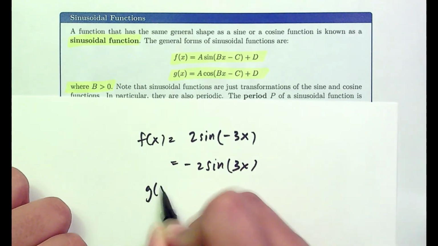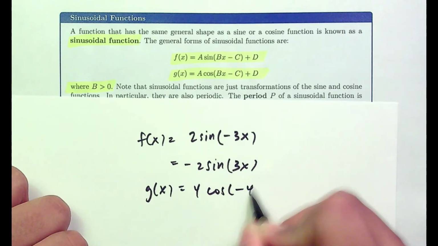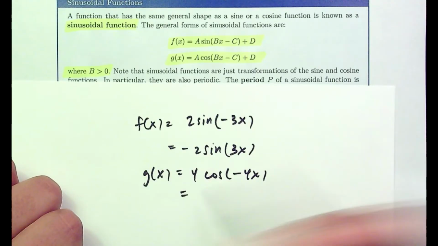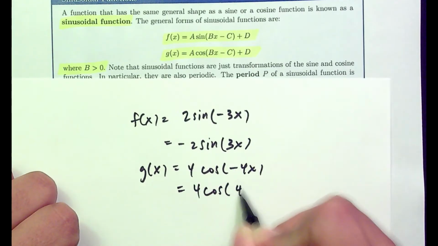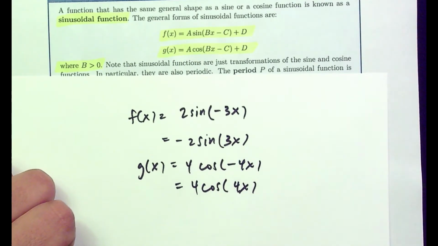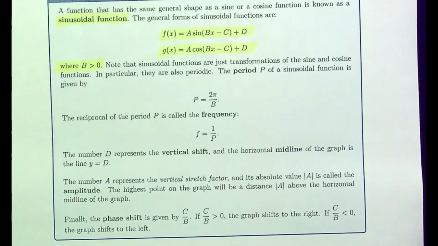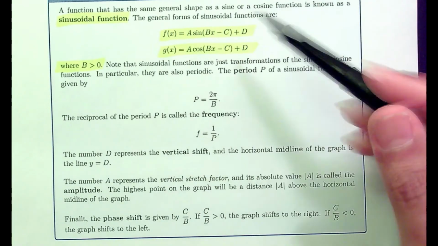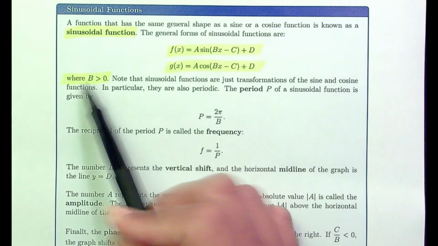Or if you had, I don't know, a cosine of negative 4x, then using the fact that cosine is even, you can say that this is the same as cosine of 4x. And that way, again, the coefficient of the x is positive. So we're going to assume, because we can always do this kind of thing, that if there was a negative, we got rid of it, and that therefore the coefficient of the x is positive.